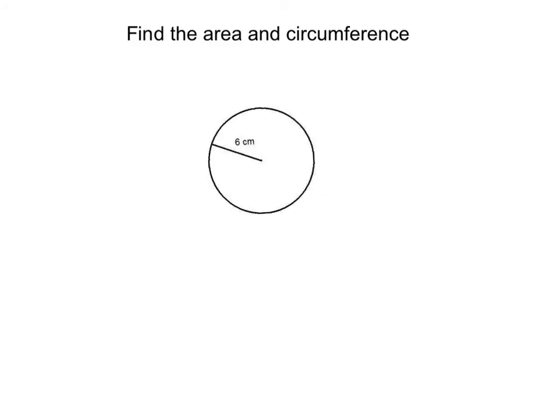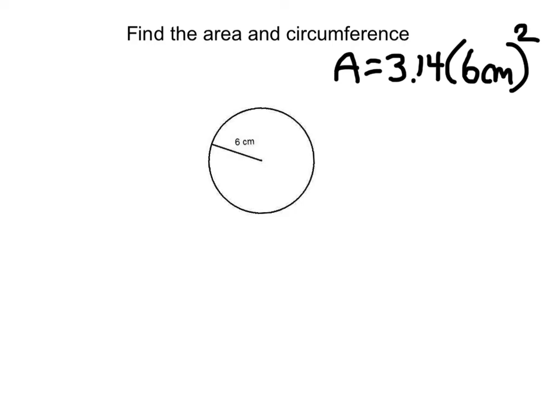All right, for this last one, let's find both the area and circumference. Pause your video, then restart to check your answer. Welcome back from pausing the video. Let's start with the area. Pi times radius squared, so 3.14 times 6 centimeters, and that's being squared. We'll square that first, so that's 36 square centimeters.